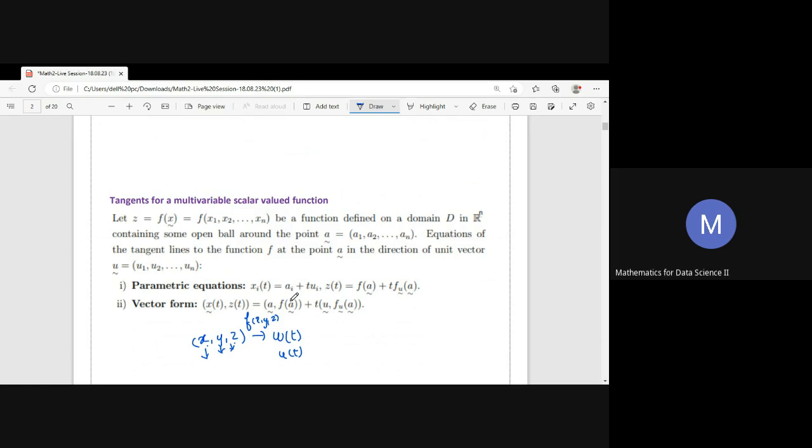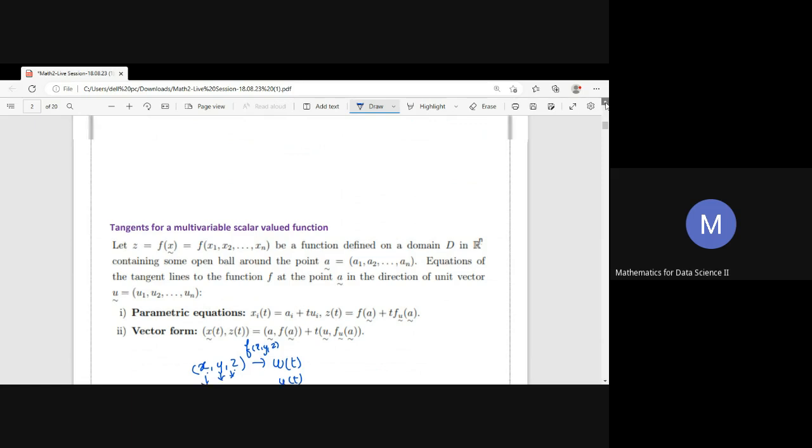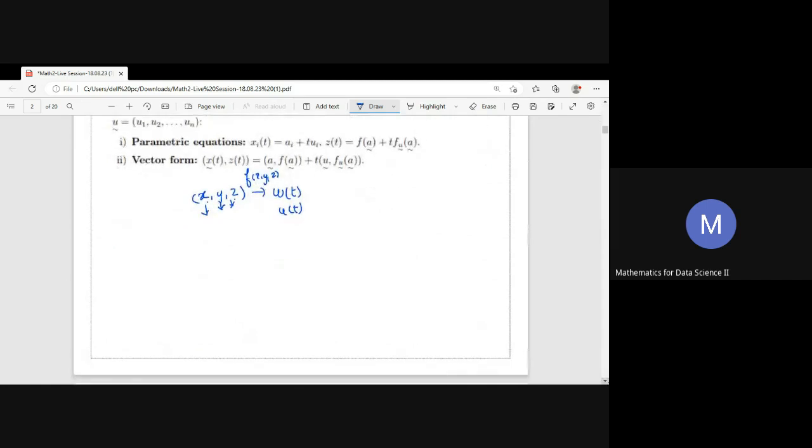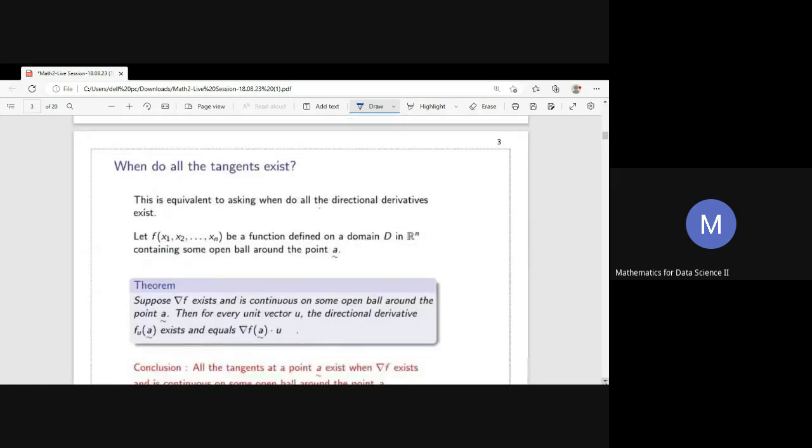Only up to 3 dimensions we can visualize. After that, we cannot visualize. That is why usually whatever things we are studying, we study up to R2 and R3, and then we give the general statement. Okay, fine.